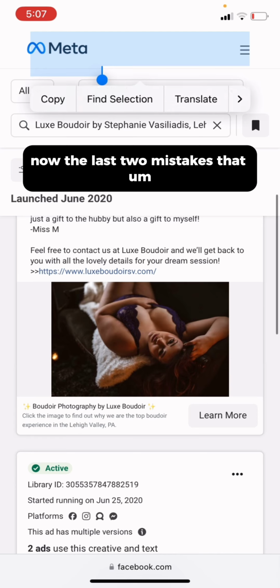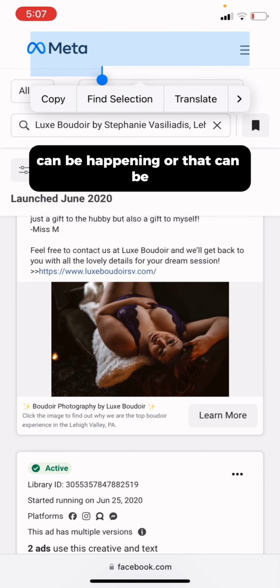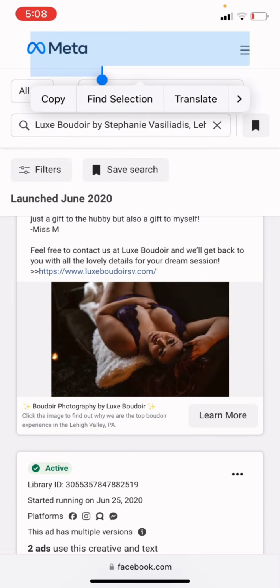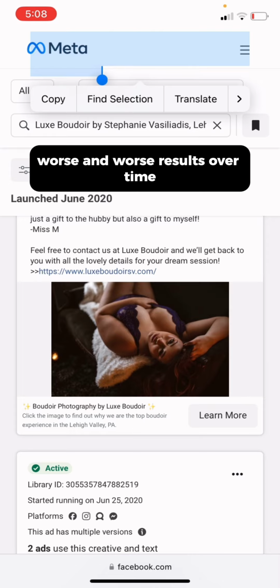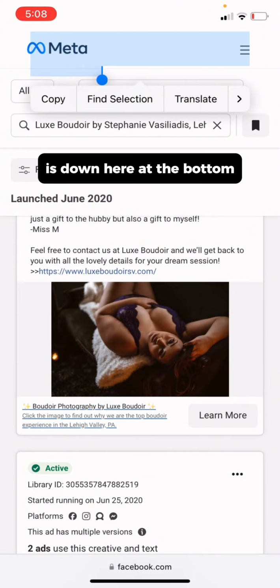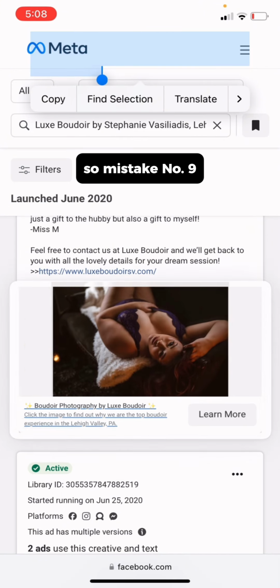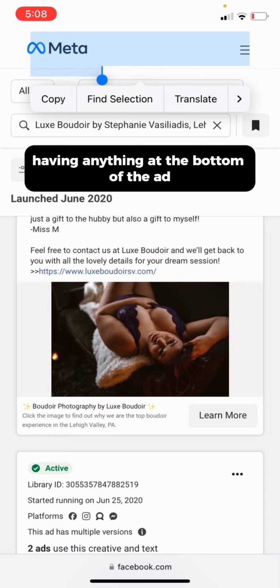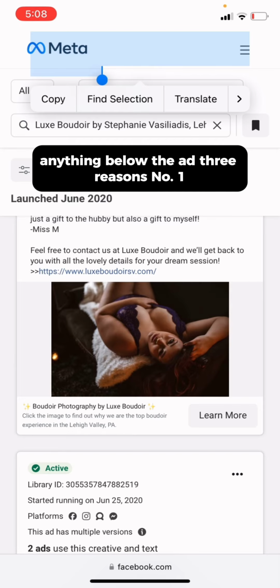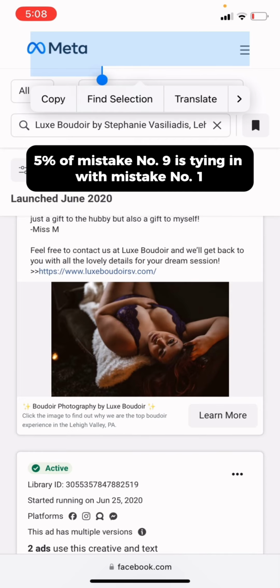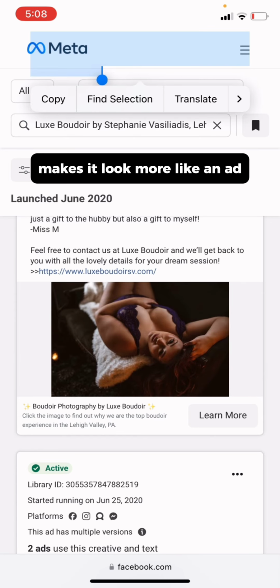Now the last two mistakes that can be causing our ad to get worse and worse results over time are down here at the bottom. So mistake number 9: having anything at the bottom of the ad, anything below the ad. 3 reasons. Number 1, 5% of mistake number 9 is tying in with mistake number 1, makes it look more like an ad.